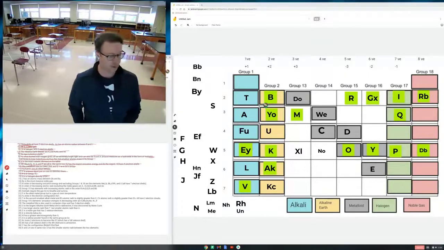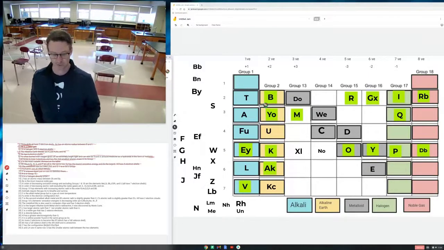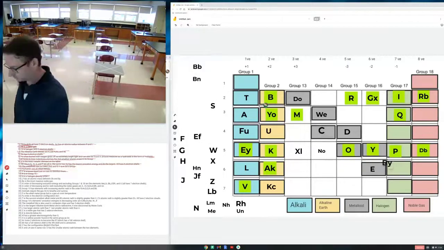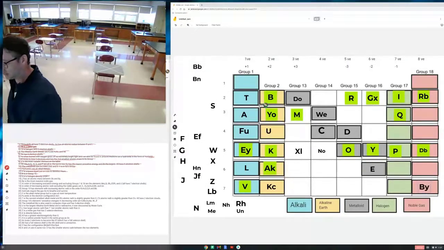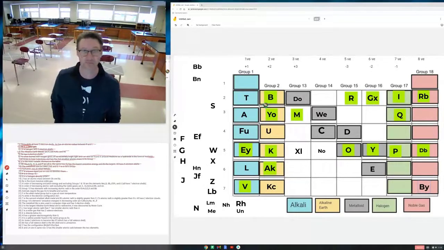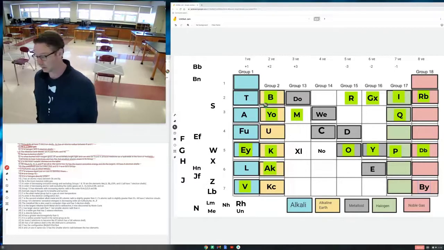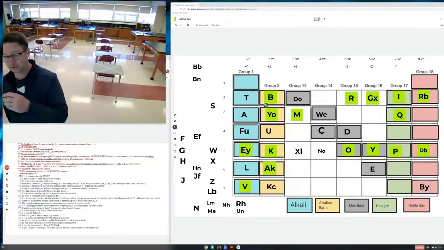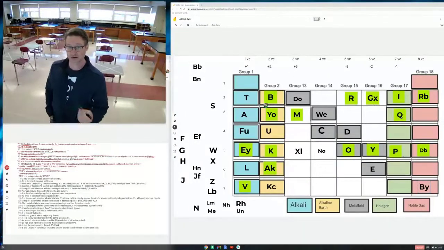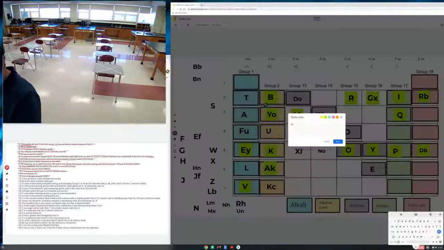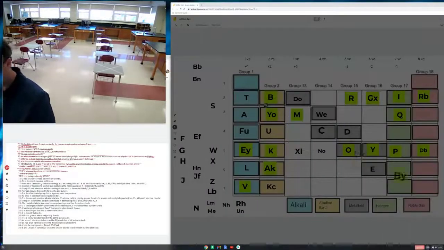There's BY. BY is the most massive noble gas. Noble gases are in the pink boxes. The heaviest element is always the bottom of the column. The bottom row of the periodic table is the heaviest. So BY, being a noble gas and being the biggest one, has to be the bottom box in that column. Okay, so that's done.